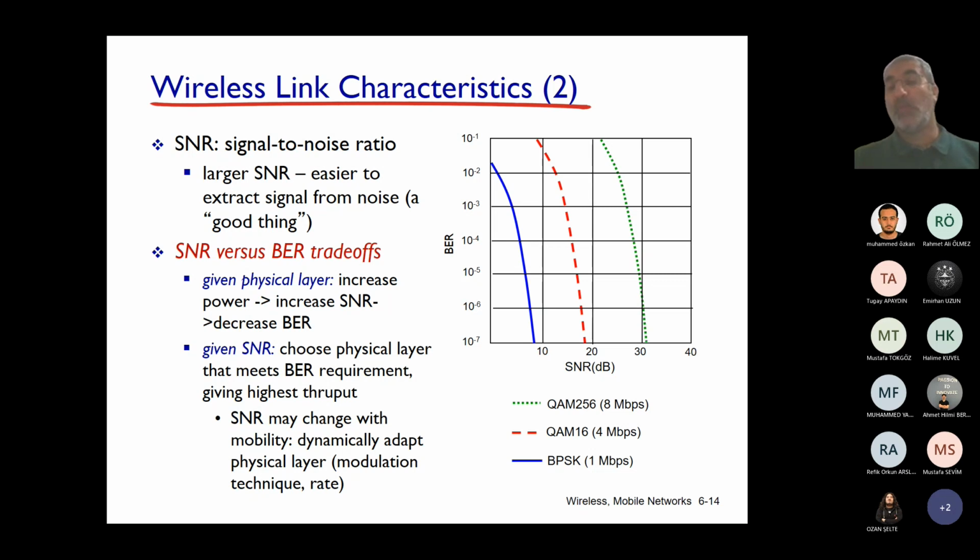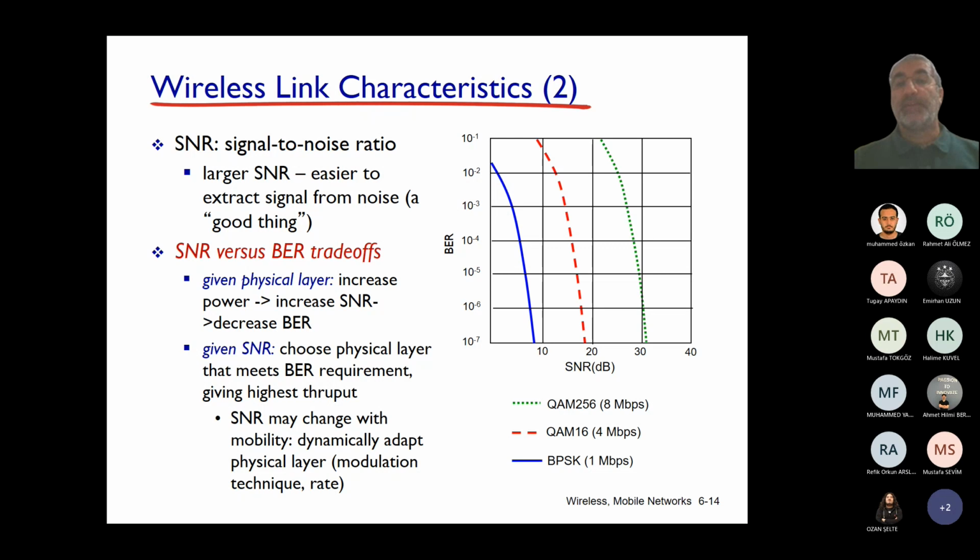And if you want to have more data rate, such as 8 megabit per second, then you can utilize QAM 256. So the performance of these different modulations is given in this figure, as you see from here.